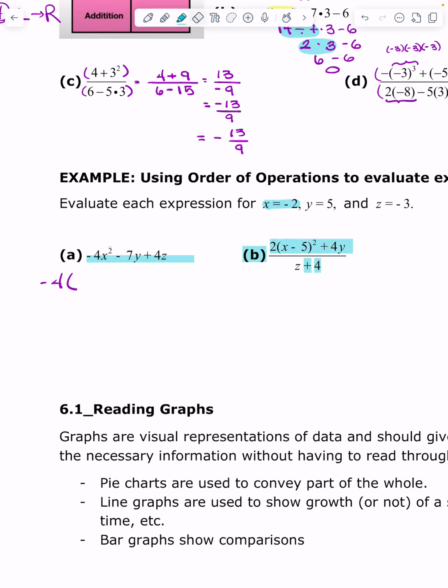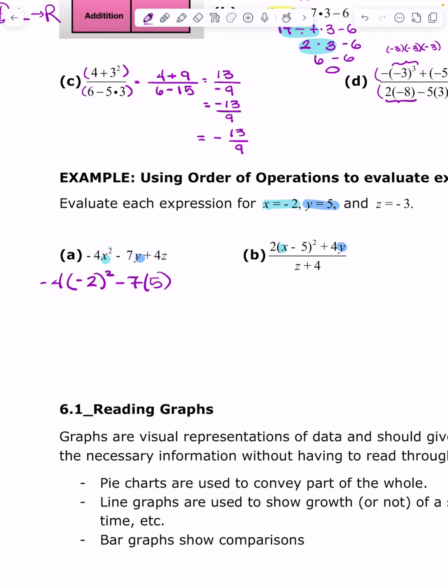Minus 7 times my y, which is 5. So I'm going to replace everywhere there's a y with the 5.